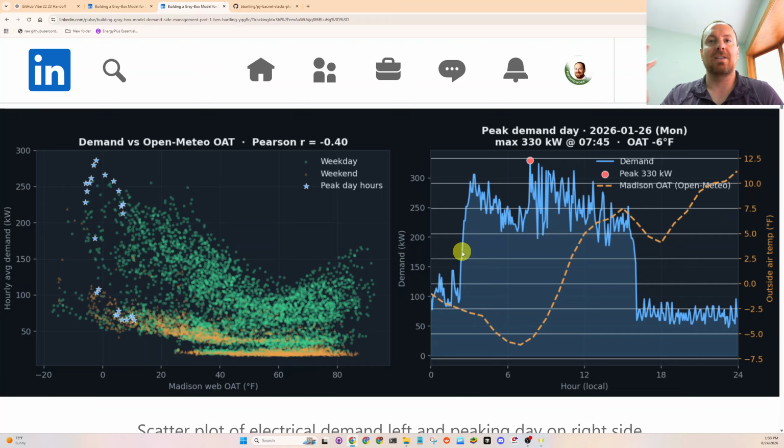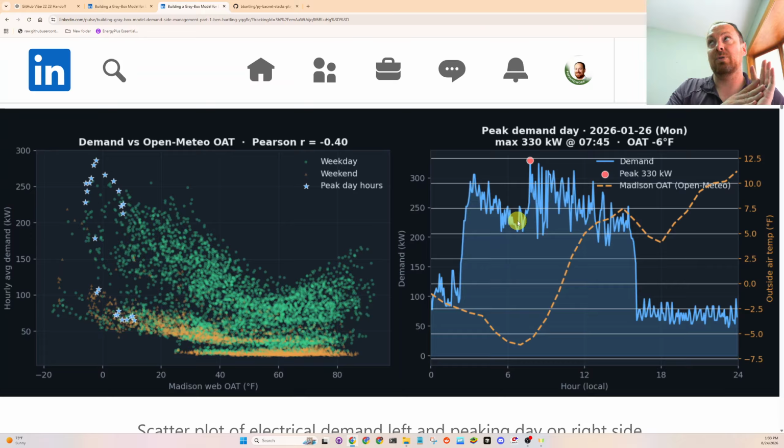This optimal start algorithm does not care about utility bills, electrical power, or electrical energy charges. It doesn't even have that as an input feature. It only cares about whether space temperatures were warmed up by the time school starts, and it doesn't care about demand charges or anything.